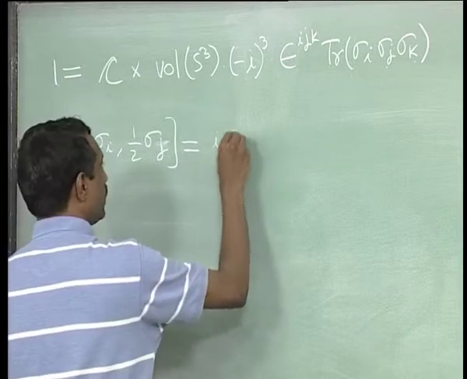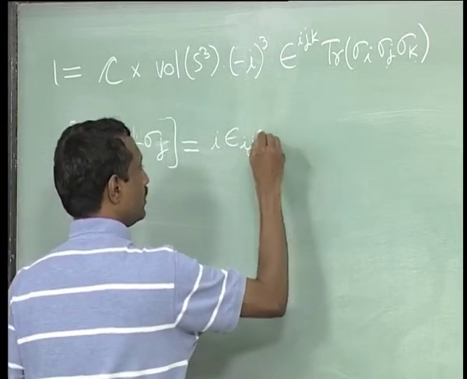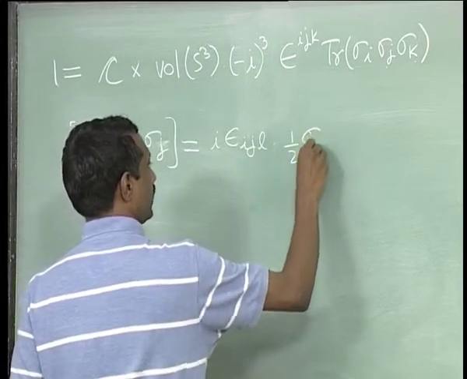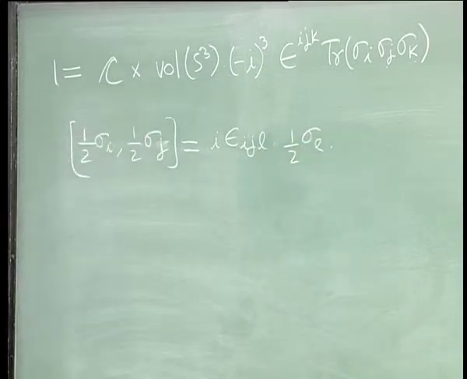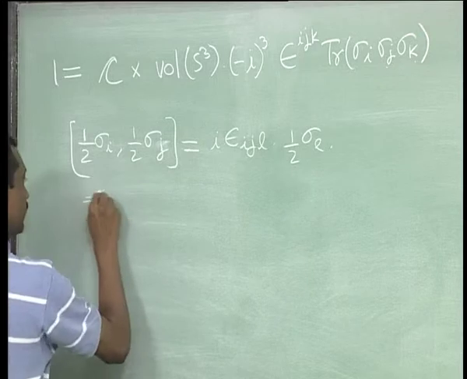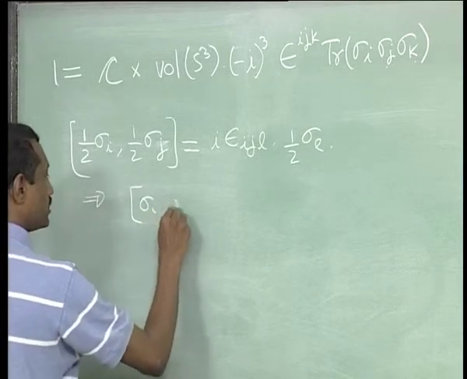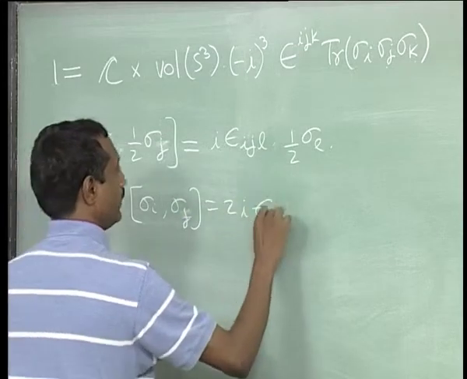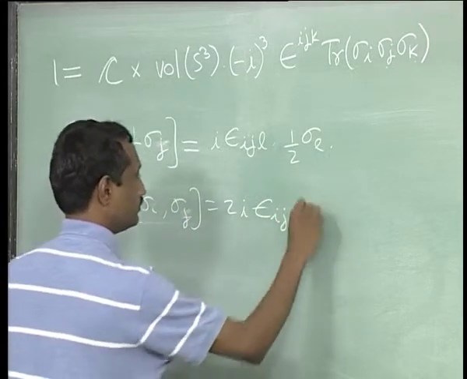So that is i epsilon_ijl times half sigma_l. Okay. So I want the sigma_i sigma_j commutator. So this implies that the sigma_i sigma_j commutator is 2i epsilon_ijl sigma_l.